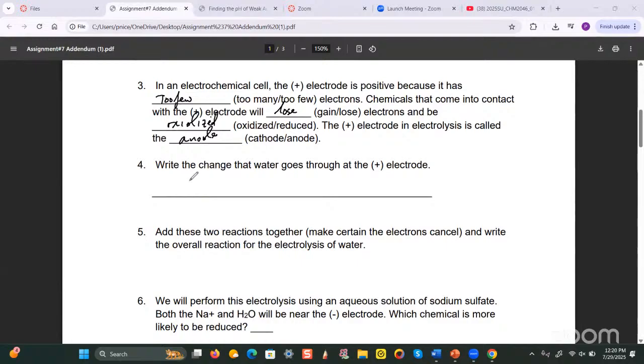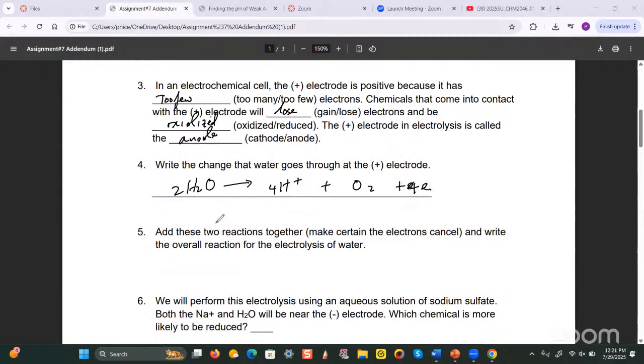The question in number 4 is asking, write the change that water undergoes at the plus electrode. This one we did not see in the PowerPoint, so let me just write it out for you. It's going to be H2O to form H plus, O2, plus electrons. To balance this, we're going to need a 2 here, a 4 here, and here we're going to need 4 electrons.